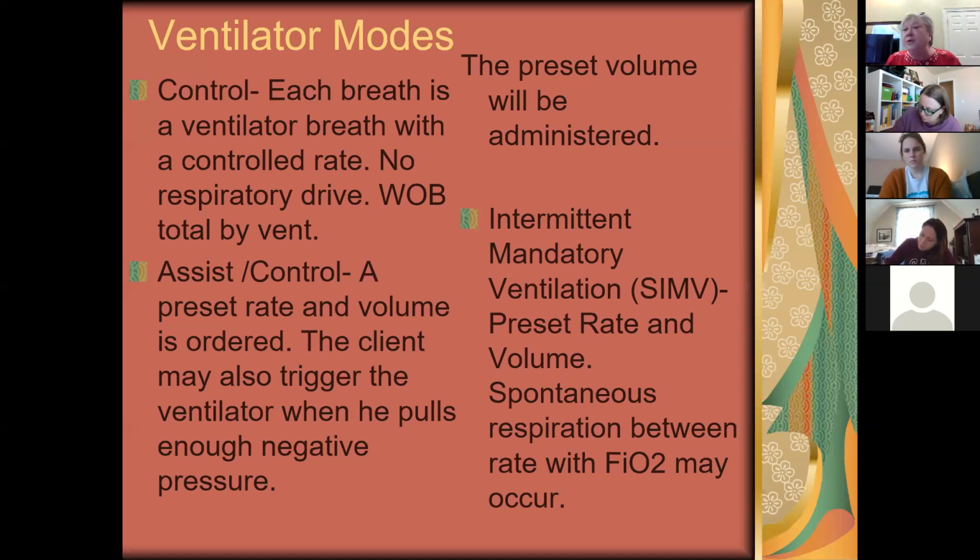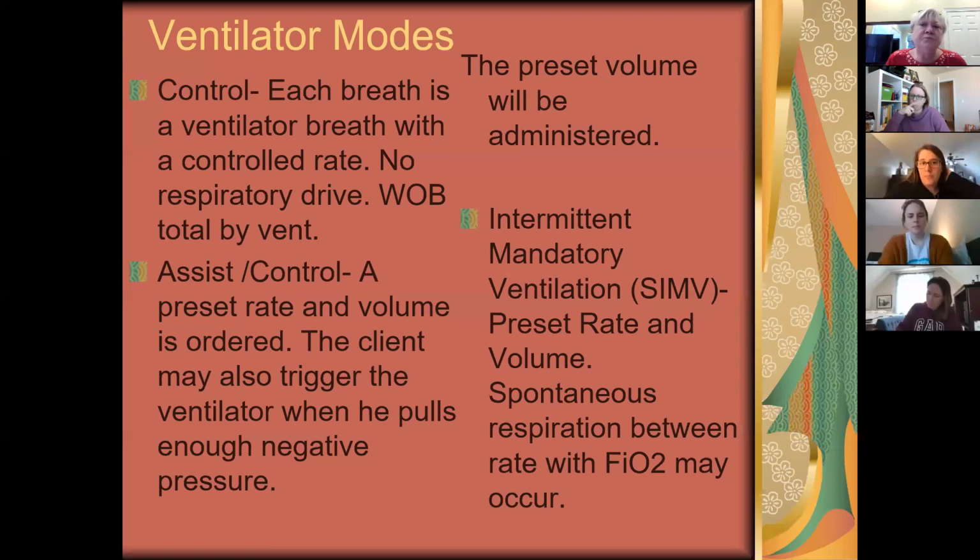So if they pull more breaths than 16, but they only pull a 300 mL breath, that breath will remain a 300 mL breath. So when it's an assist, it assists the breath to be the same as all the other ones. On the IMV, it does not assist their breath. All they get is the oxygen that's flowing through the machine, the 60%.